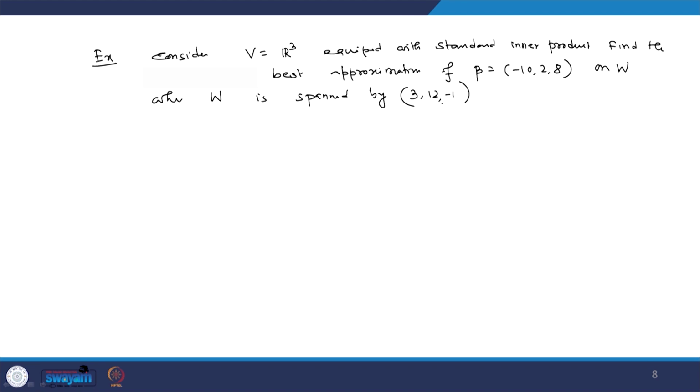Okay. So, let me consider the problem like this: V is equal to R3, that is our 3 dimensional Euclidean space, and the inner product in this space is our standard inner product.